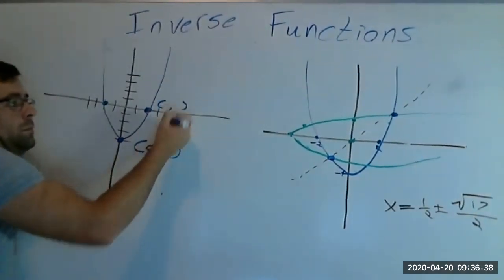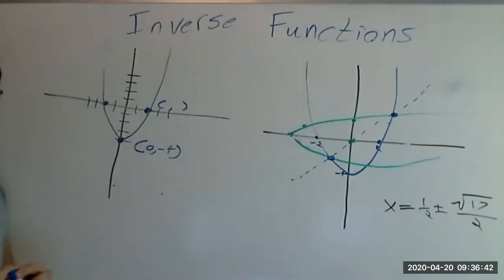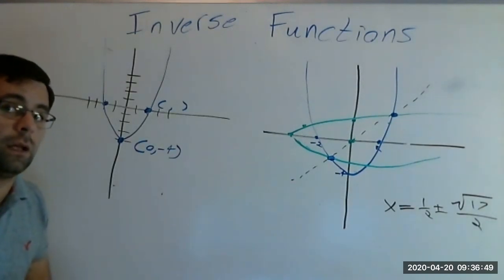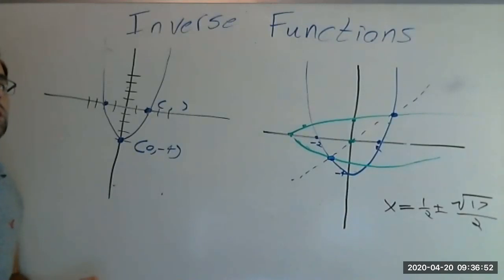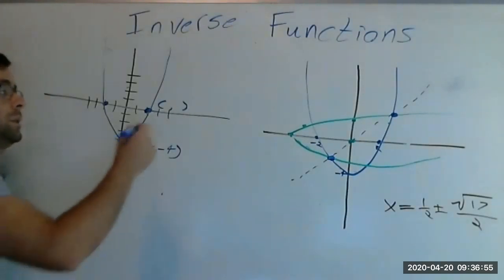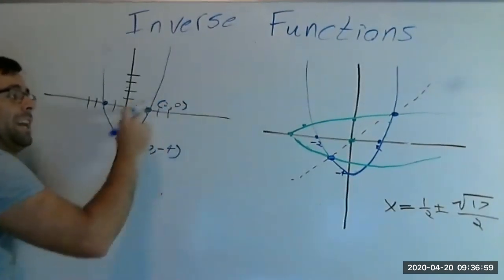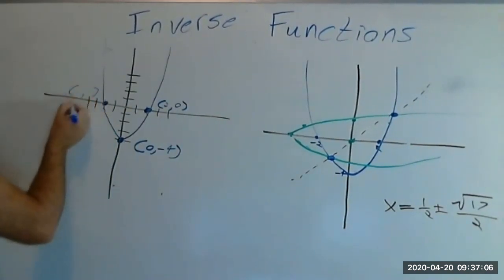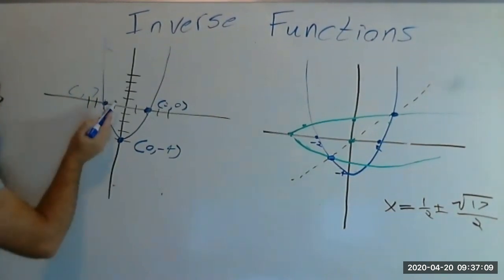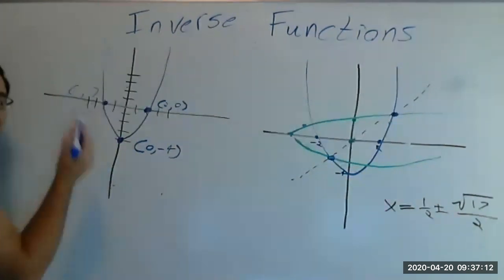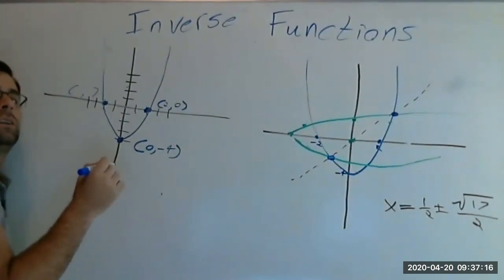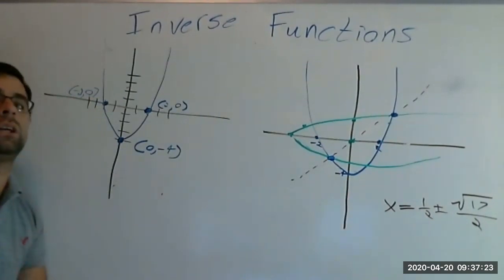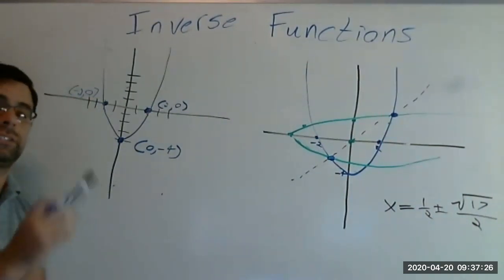It's 2, 0, because it's the x and then the y. And then this one was what? 0, -2. So it's the x and then the y.